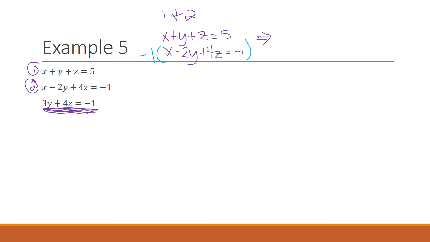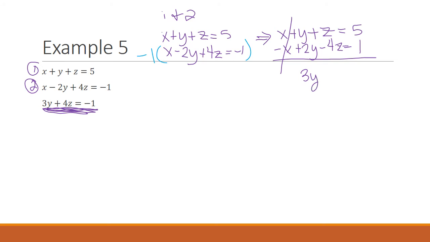That means I'm going to have x plus y plus z equals 5 on top, and minus x plus 2y minus 4z equals positive 1. So remember that negative goes all the way through to the other side. Now when I combine these, the x's cancel out: 3y minus 3z equals 6.